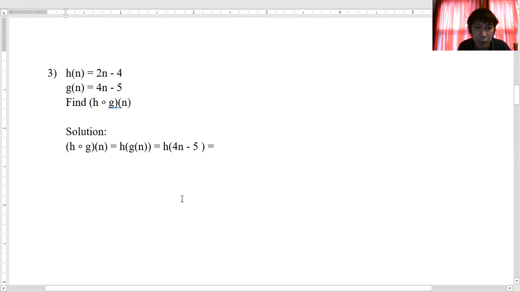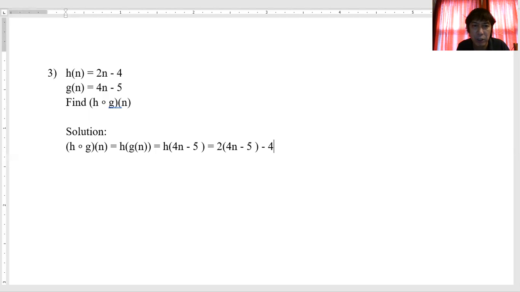So we will start by 2, and then that is 2 times n. That means it will now be 2 times 4n minus 5. So you see the n here also. So that will be 2 times 4n minus 5, and then followed by minus 4. I hope you were able to see that part.